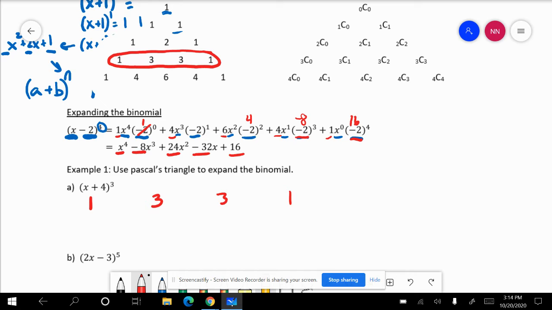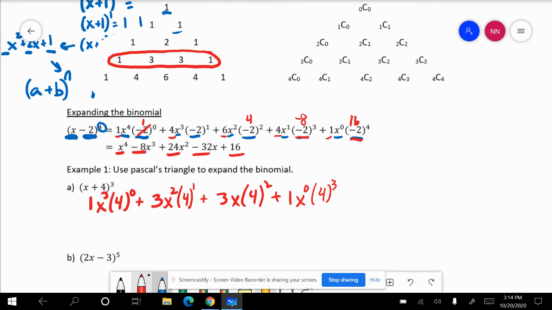We're going to take our a value, that's our first value, so x to the 3rd, and then we have 4 to the 0. We have x to the 2nd, and 4 to the 1. We have x, and we have 4 to the 2nd. And for our last one, what we have is x to the 0, and we have 4 to the 3rd.